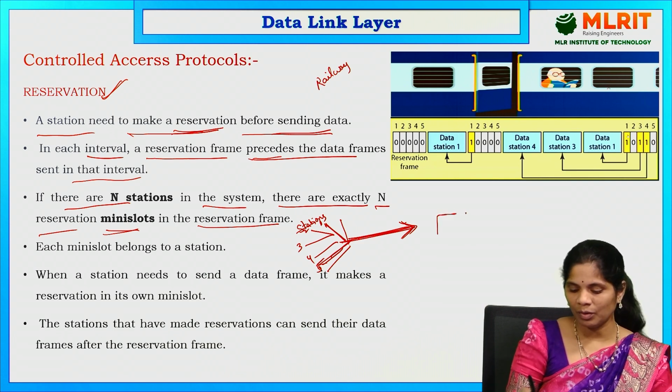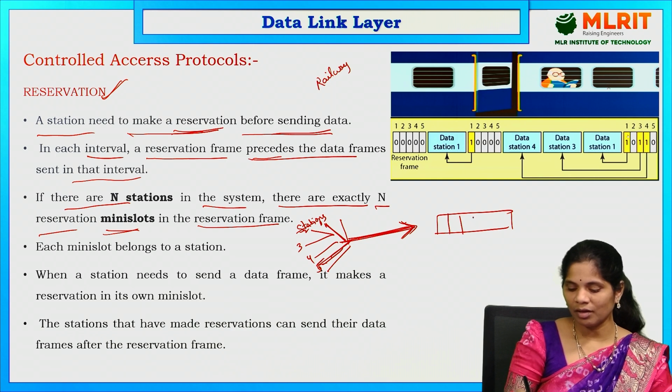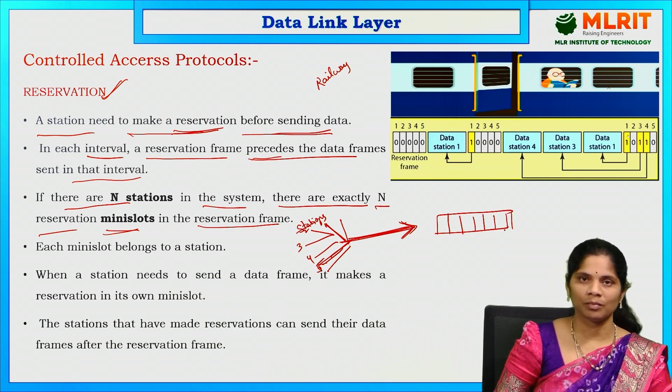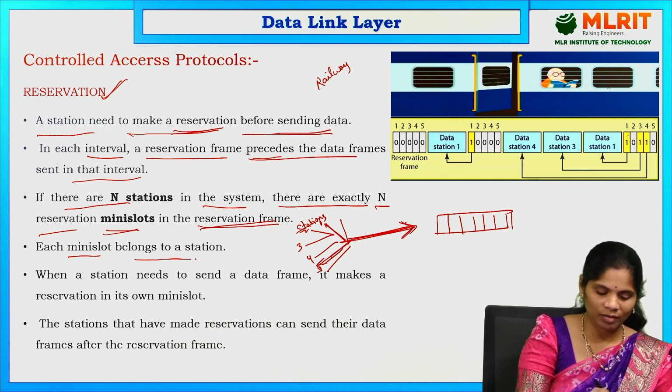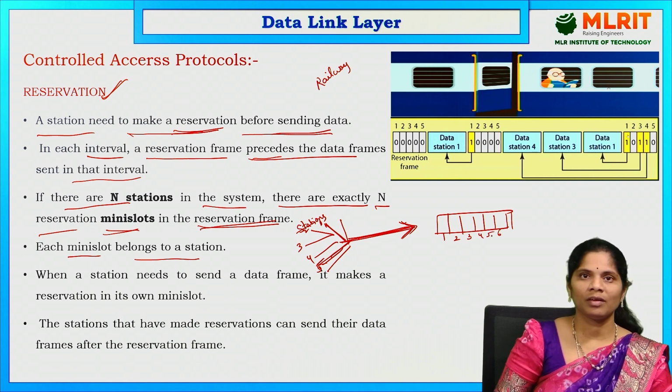Suppose n stations want to send data, so n mini slots are going to be there in the system. That is the reservation frame. Each mini slot belongs to one station.